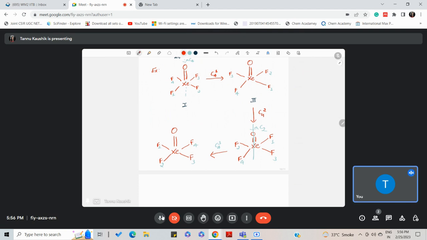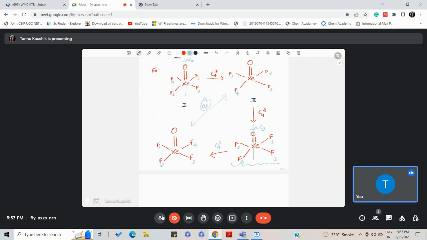So here if you can see, the effect of C4^1 and C4^3 is the same: a 90-degree rotation is happening, but here the configuration is equivalent to one C2 axis of rotation.